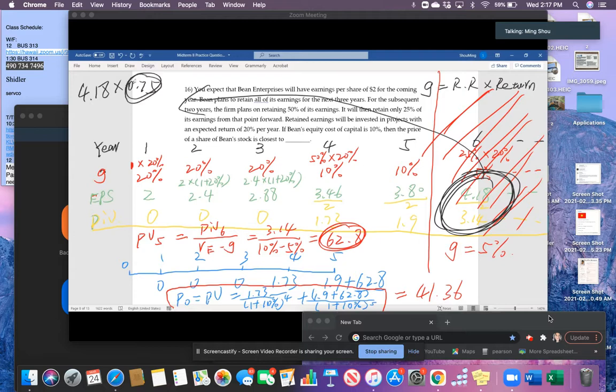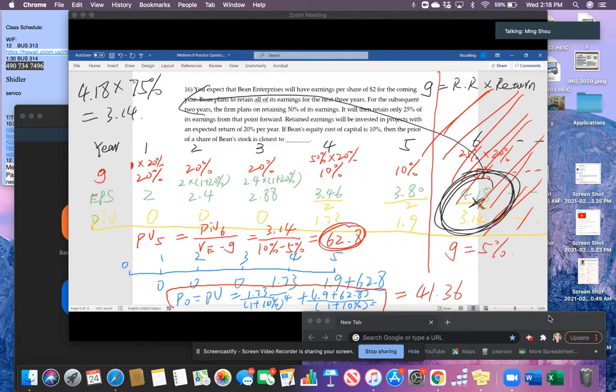It's no longer divided by 2. So here's the correction: no longer divided by 2, multiplied by 75% should be. Then it would equal 3.14.